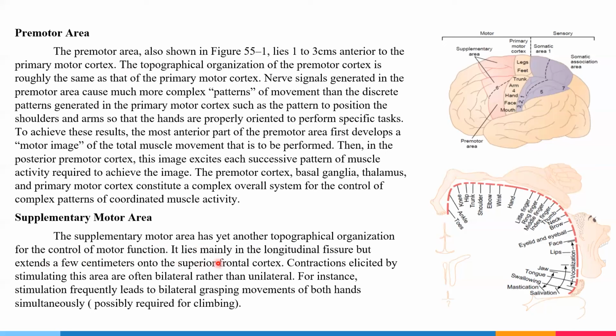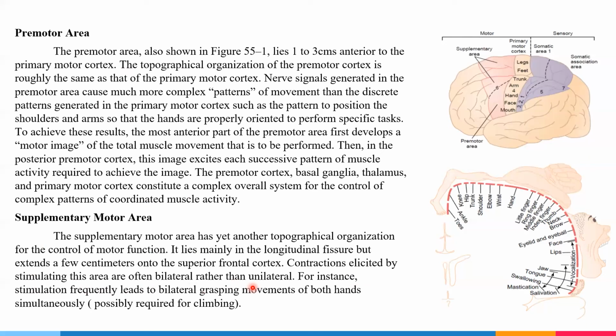It lies mainly in the longitudinal fissure but extends a few centimeters onto the superior frontal cortex. Contractions elicited by stimulating this area are often bilateral rather than unilateral.